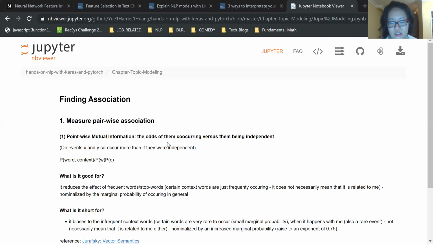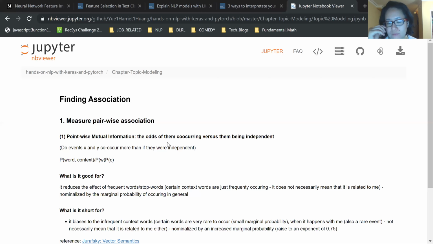So this measures, do events X and Y co-occur more than if they were independent? If they were independent, then the joint probability will just be the same as the product of the marginal probabilities. Therefore, the odds ratio will then be 1, right?